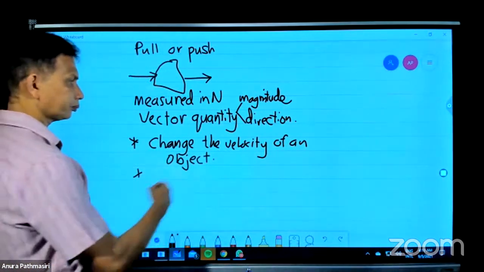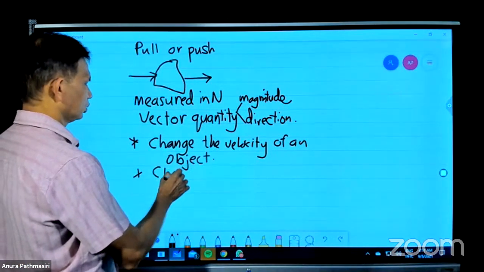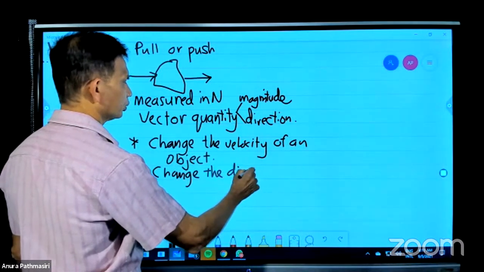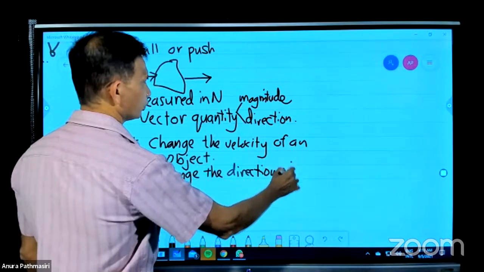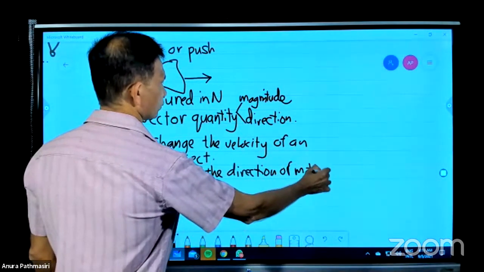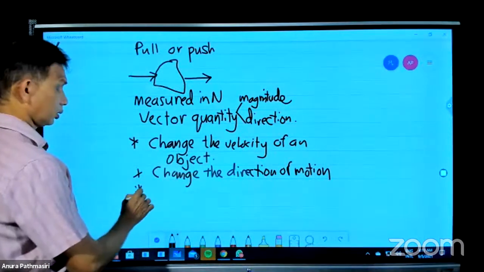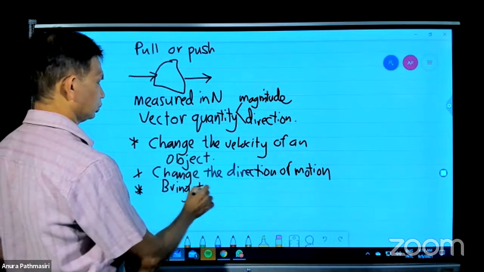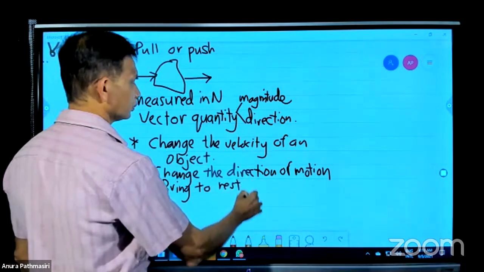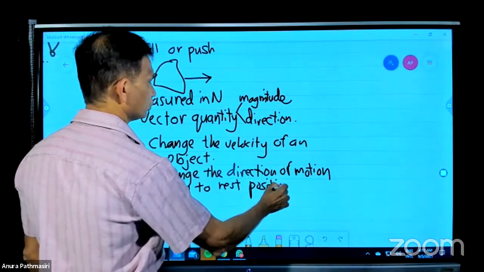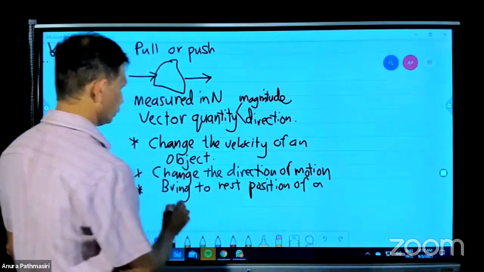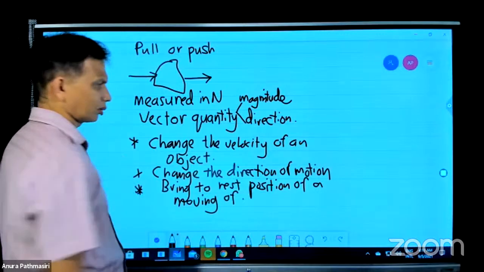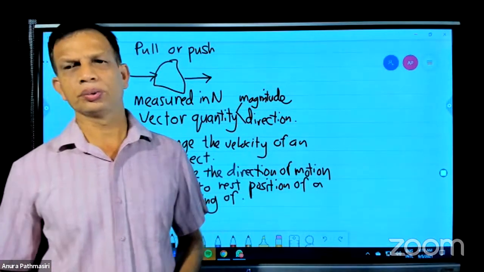It can change the direction of motion. It can bring a moving object to a rest position. So there are lots of things that a force can do.